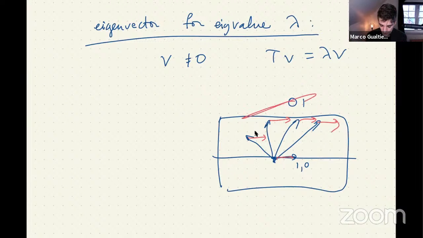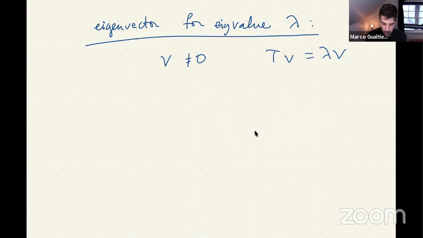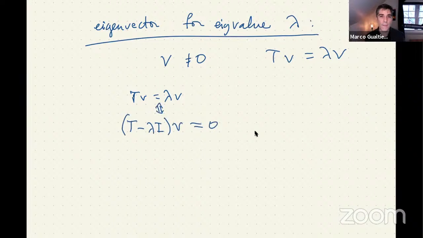So what I'm trying to say is that to be an eigenvector means that Tv is equal to lambda v. But a more useful way of thinking about it is that T minus lambda times the identity kills v. This is the same equation, I'm just rewriting it.